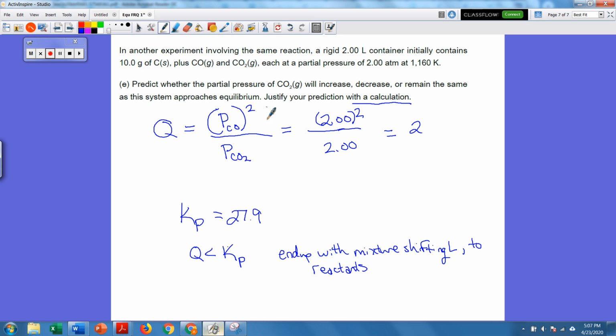And since CO2 is our starting reactant on the left, we are going to be increasing the amount of CO2 that we're producing, so the partial pressure of CO2 will increase.